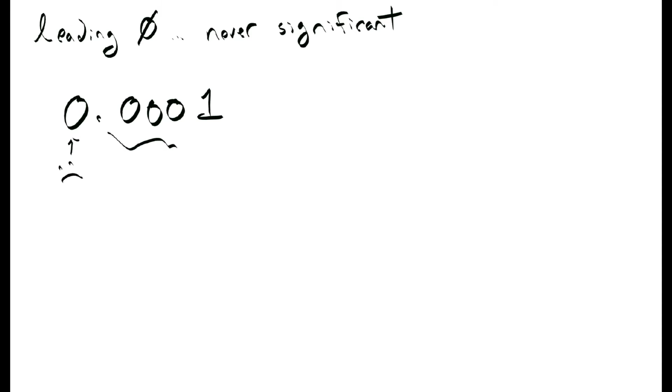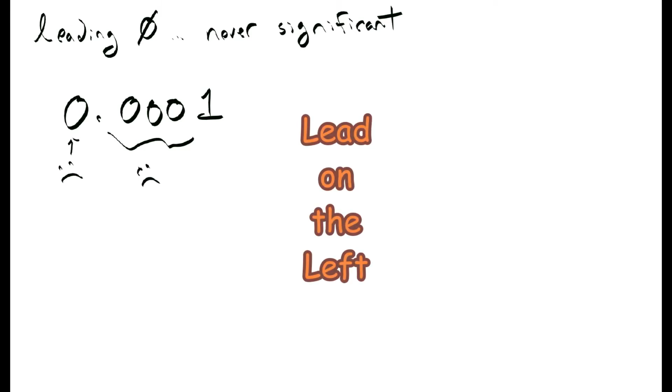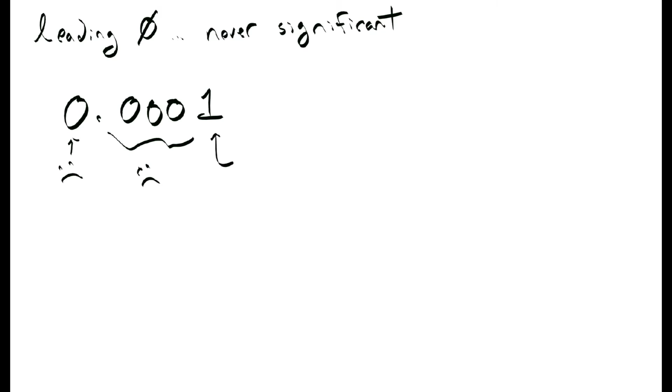These 3, they're after the decimal place, but they are leading zeros. They're to the left of the number. They're on the left-hand side of the number. So they are not significant. The only significant number is this guy, the 1. So it's a sig fig. So you have only one significant figure.